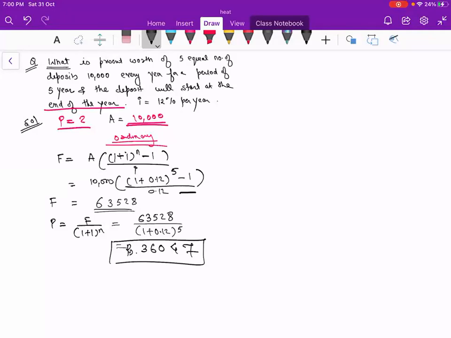Here, present value means the one-time deposit required for that future money. Not exactly, because here we got equal deposits. For equal deposits, what is the value?